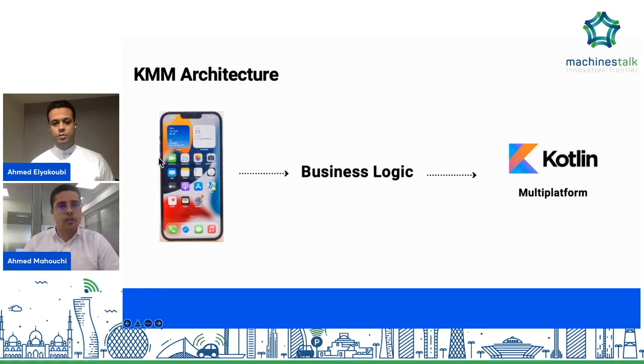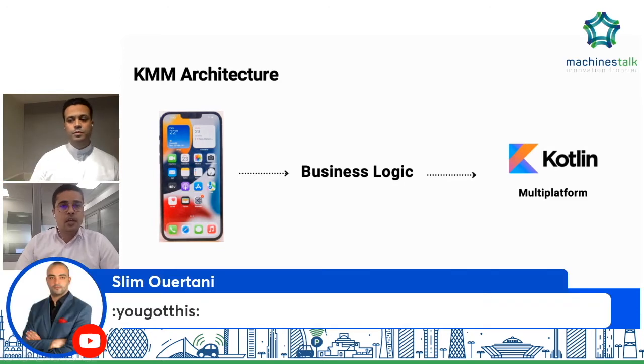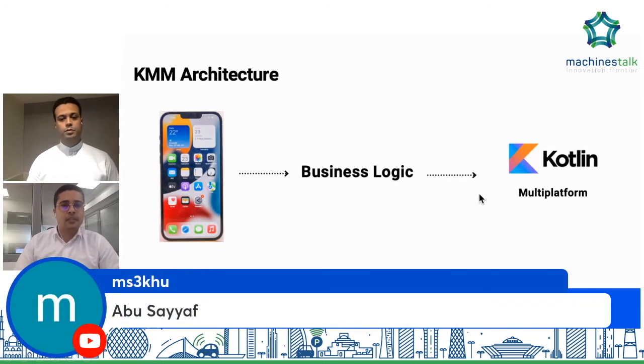However, if your application has complex business logic, like networking, data storage, payments, data synchronization, IoT technologies, or features like our case in Machine Stock, then this logic could easily be written and shared between iOS and Android, so you can experience the real power of KMM.